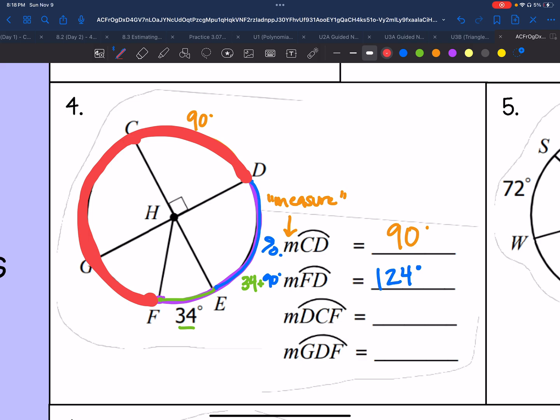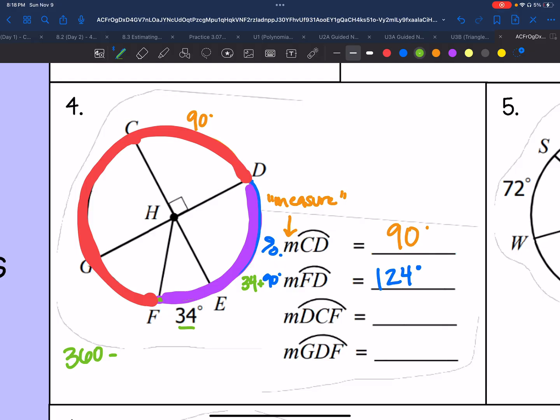But if I'm looking at this red arc that I'm trying to find, I notice that this is everything except for what I just found, which was FD. So that red arc is the rest of the circle that's not FD, which we just found. Well, I know that my entire circle has to equal 360 degrees.